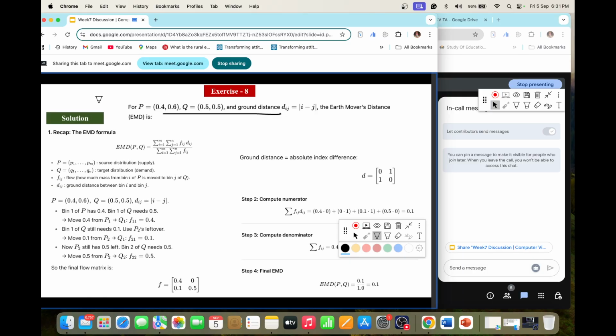Okay, so what is this? Again, just let me recap. This is the EMD formula, or earth mover distance formula, of P and Q. That is sigma i equals 1 to m, sigma j equals 1 to n of fij times dij, divided by sigma i equals 1 to m, sigma j equals 1 to n of fij. Don't get confused by m and n.